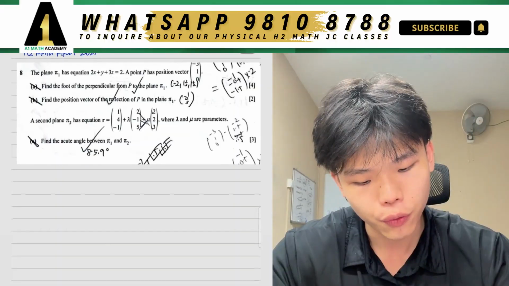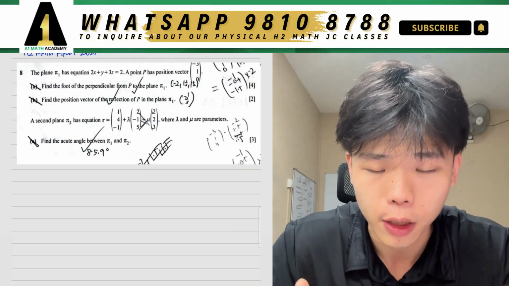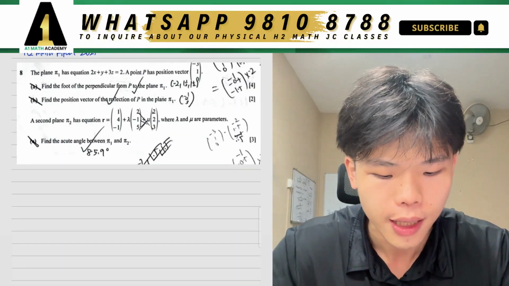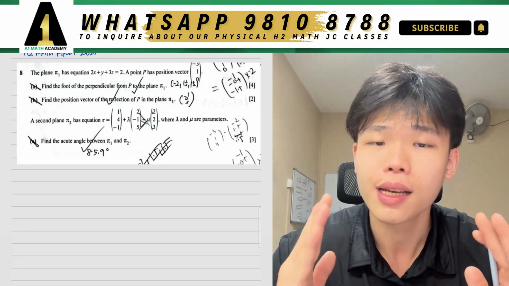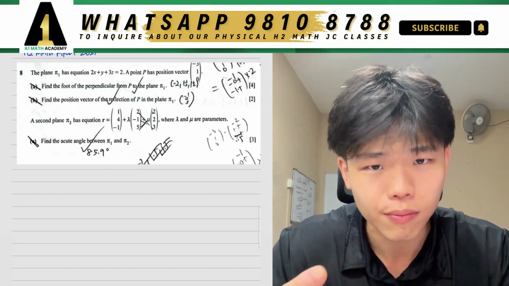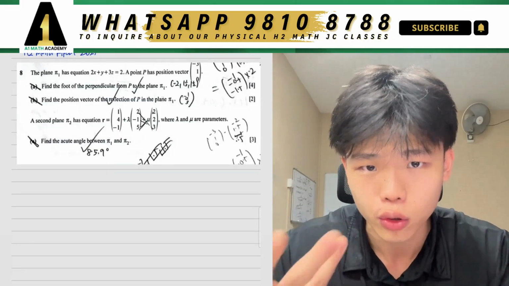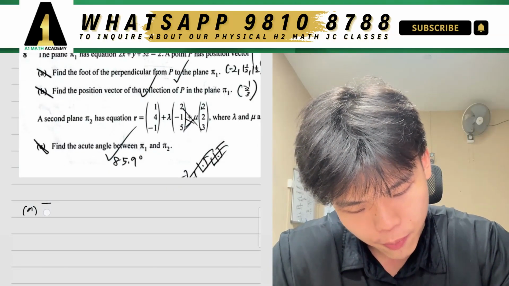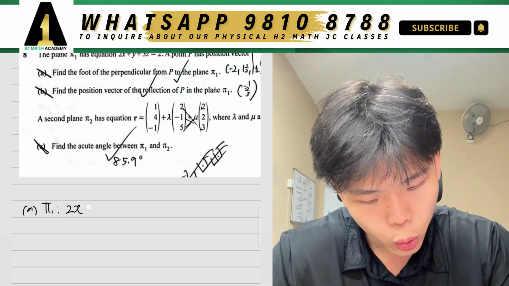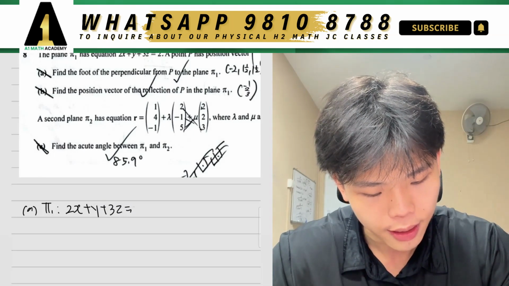Now, this question over here, the first part is all about foot of perpendicular. And the context is that we have a plane, we have a position vector. So the best advice that I have for vectors is to always just draw out the plane or whatever thing that you can try to visualize. So let's see. We have a plane which is pi 1, 2x plus y plus 3z is 2.